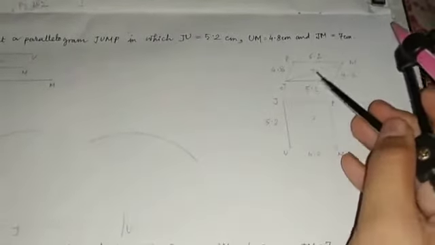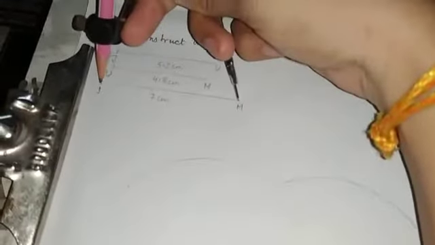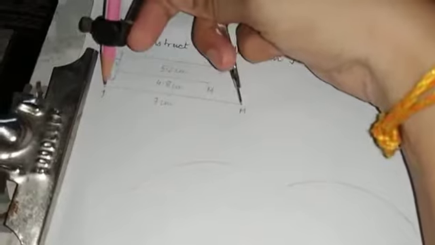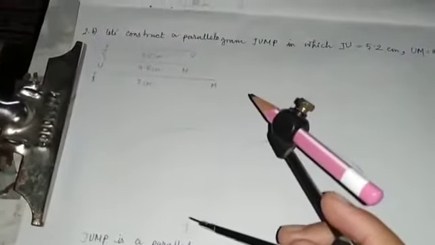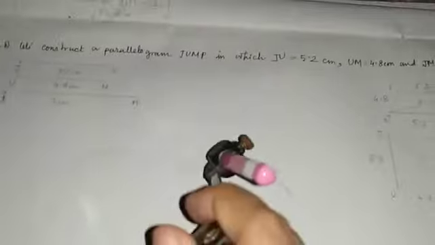Then by taking 7 centimeter, we have to cut this here. So, put the needle here and take the length 7 centimeter, put this here, cut this here. So, you are getting the point M. So I am writing here M.